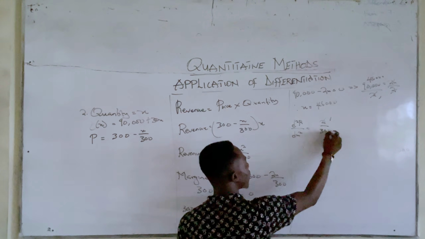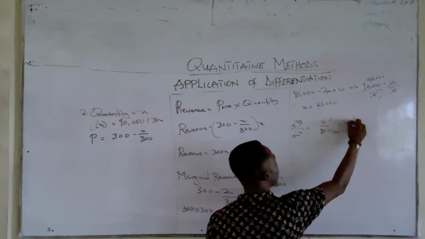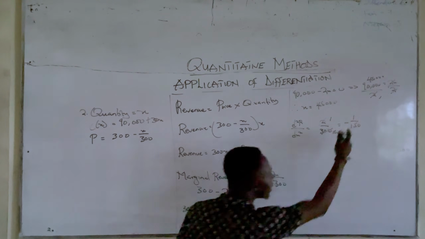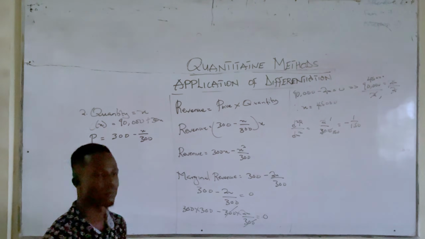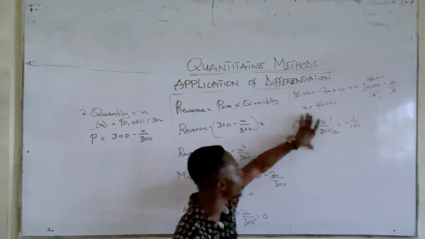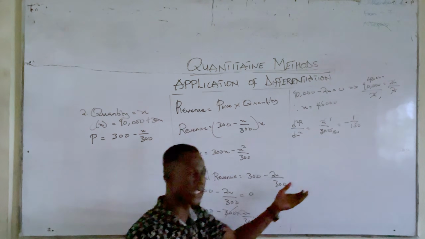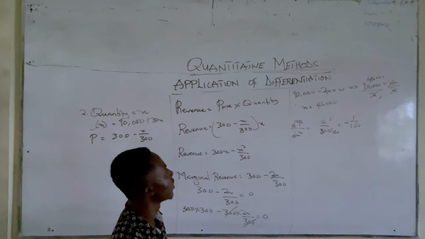So this is 1 and this is 150. So you have negative 1 over 150. So since it is negative, you see, it means the revenue is what? Maximum automatically. And even the question said that. So there is no need for you to even do this. But for examination sake, if it is theory, you have to bring it for you to get some tick.